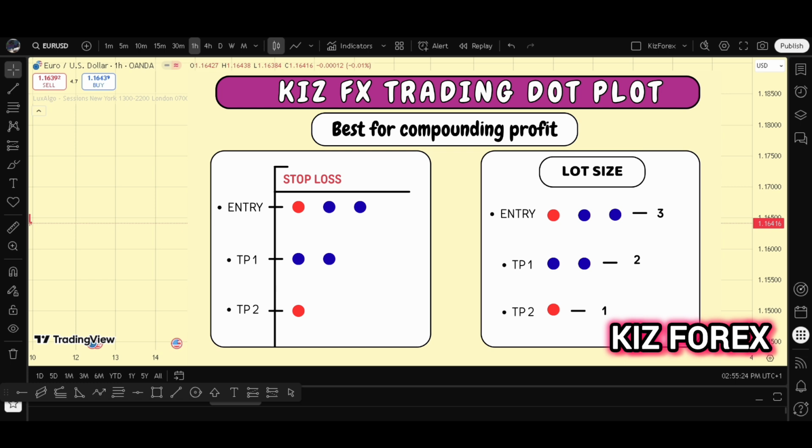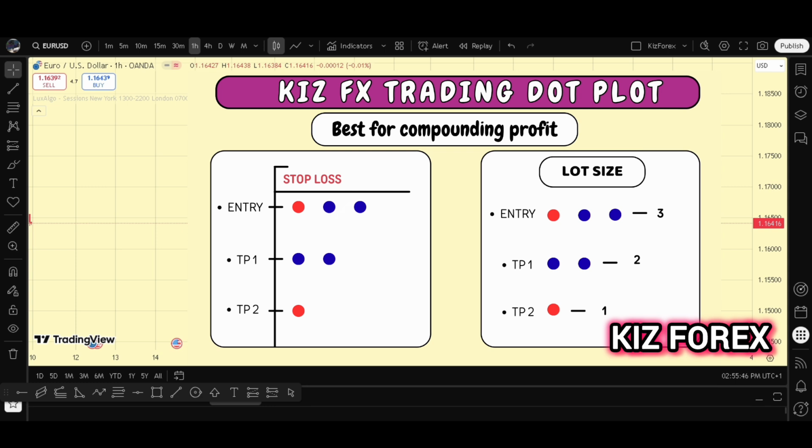I open two positions, and the first position I actually open has two lot size. Now the reason why I have these two dot plots here that are blue like this is just to represent the standard lot size.